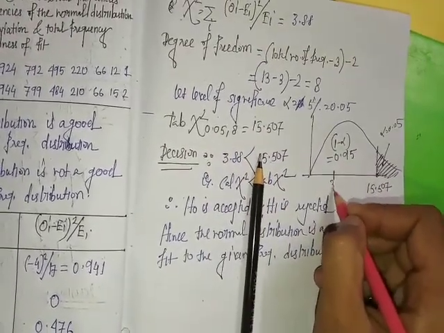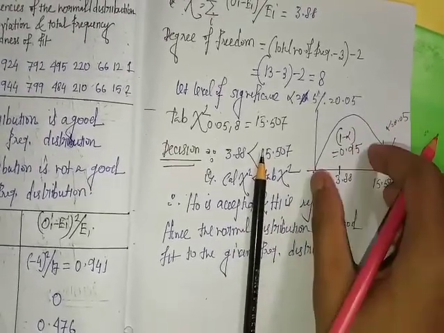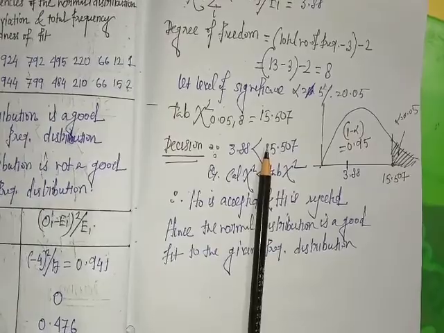So 3.88 lies in this region, so that's why we accept the null hypothesis. Clear? So this is the required result.